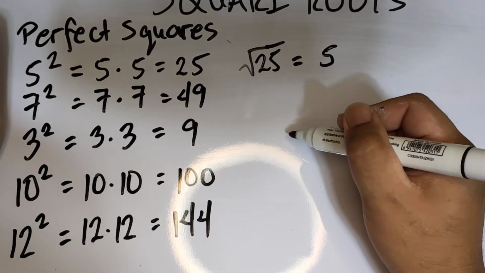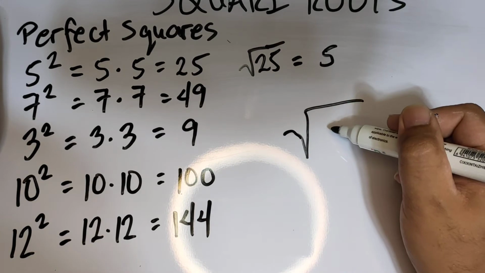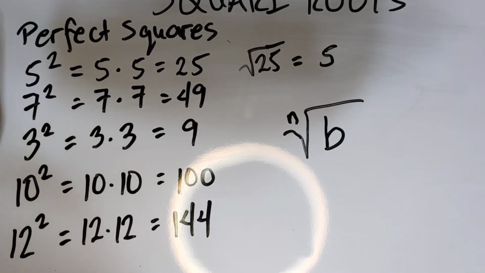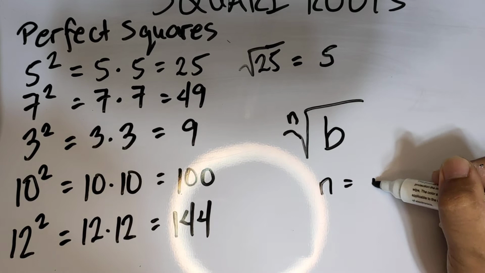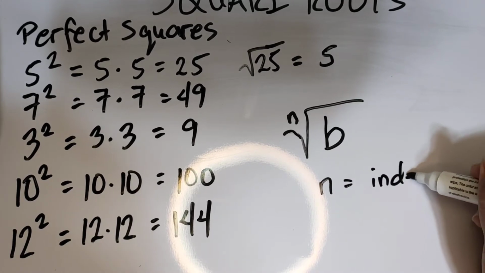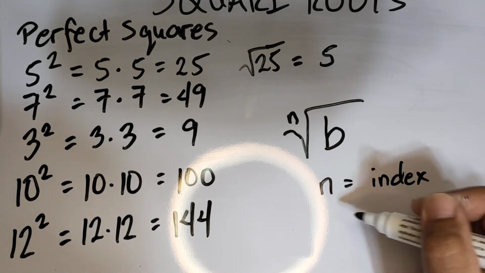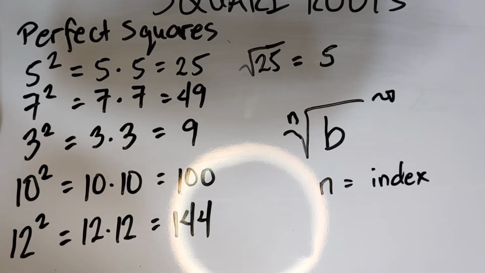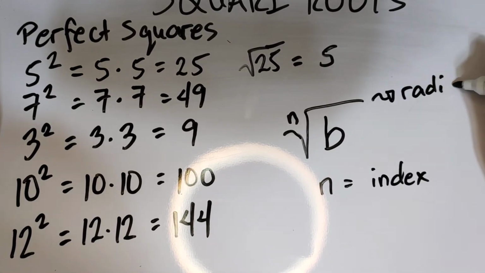So we have this symbol. Let's say this is nth root of b. So n is the index, the root. Okay? And then, this symbol is what we call the radical sign.